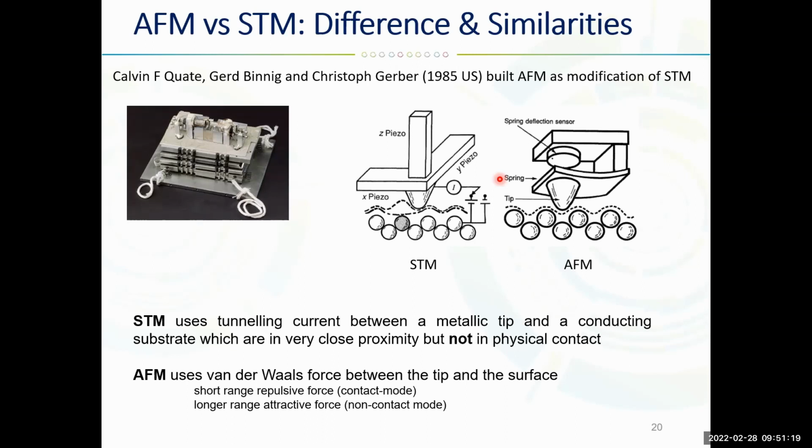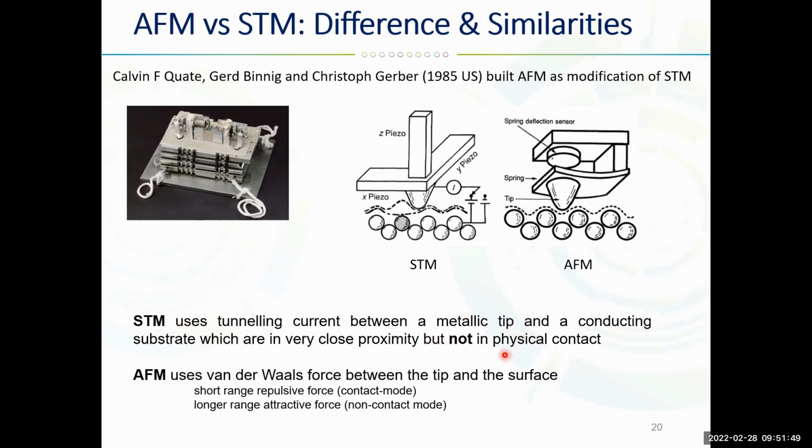Both AFM and STM are referred to as scanning probe microscopy, or SPM. So please do not mix up scanning tunneling microscopy, STM, and scanning probe microscopy, SPM. Again, STM uses tunneling current between the metallic tip and the sample, and it has to use a conducting substrate because we're using the tunneling effect.